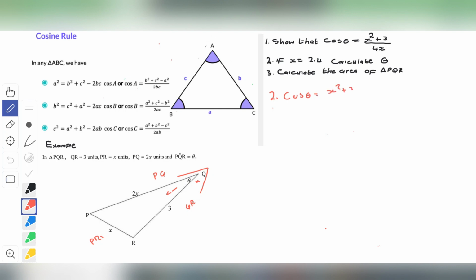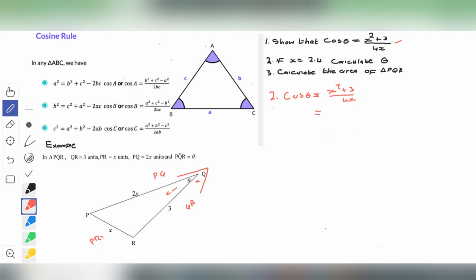So guys, if let's say these questions come in your exam, you don't have to get it wrong. Even though you are not able to prove that cosine of theta is equals to x squared plus 3 all over 4x, for the second question, you can use this one which they gave you to prove, to solve for theta, right?